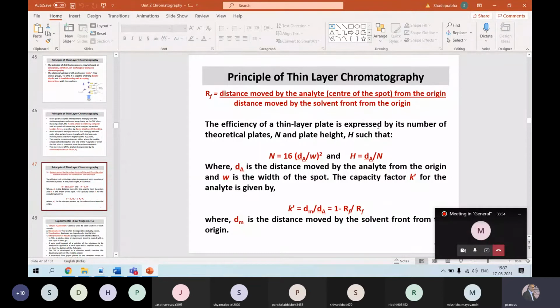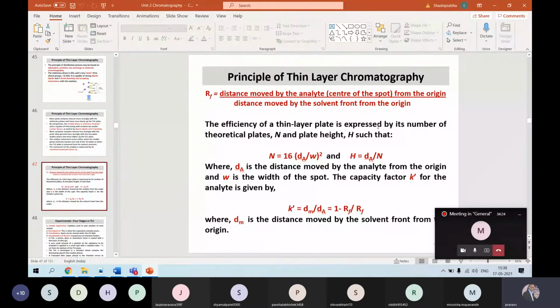Likewise, capacity factor, which relates to differential or relative rates of migration through the length of the column of the analytes, is given by (1 minus RF) divided by RF. Again, there it was (TR minus TM) upon TM. That was the thing which we found out with other chromatographic techniques.